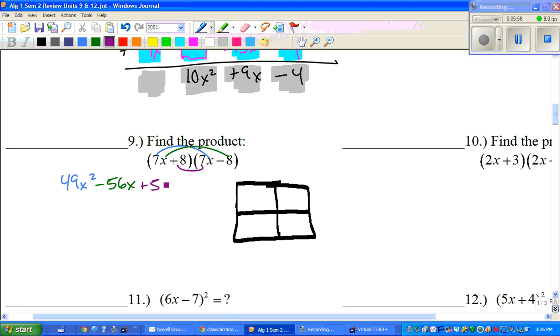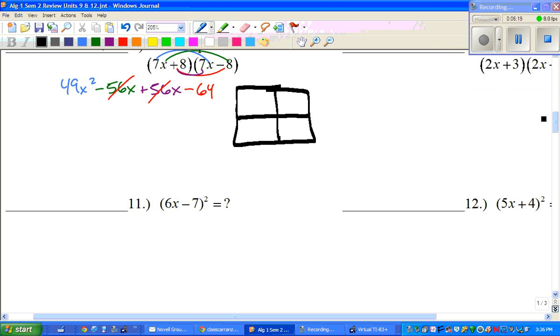Positive 8 times 7x gives me positive 56x. And then 8 times negative 8 gives me negative 64. My middle terms cancel out, and we're left with 49x squared minus 64. Okay?